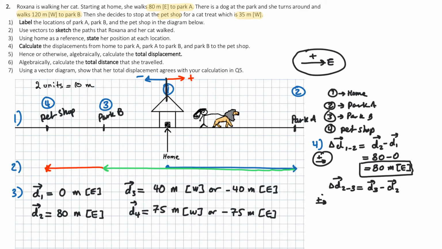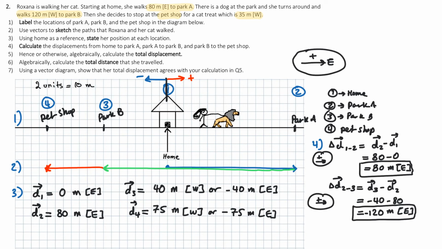Again, I'm going to take east to be positive, and position 3 is negative 40 meters east, so I'm going to write negative 40, and position 2 is 80 meters east, so that's going to be minus 80. And east is positive, so I'm going to subtract a positive value. This is going to be negative 120 meters in the east direction. I will box this answer as well.